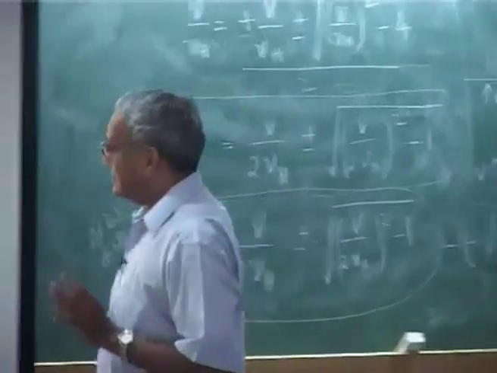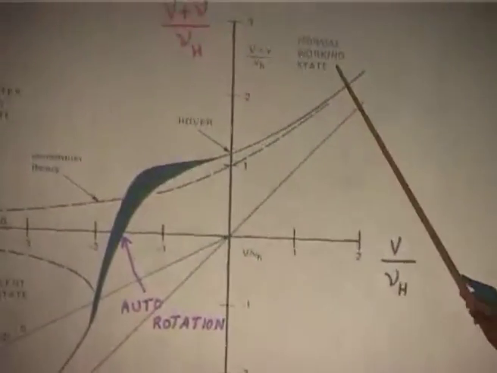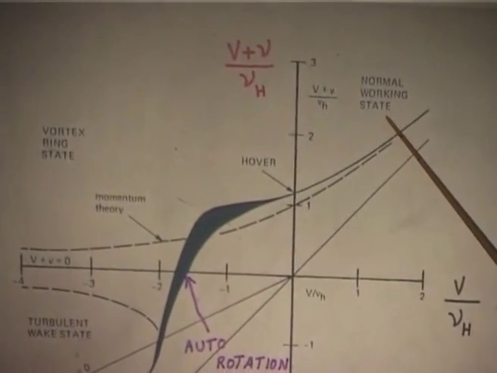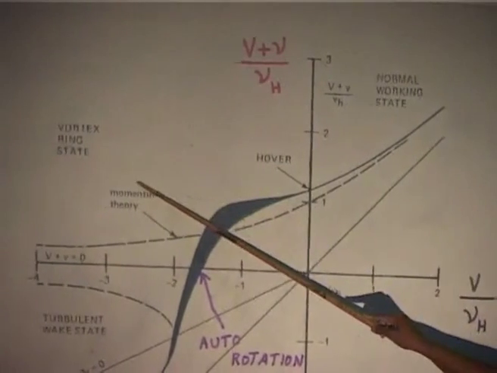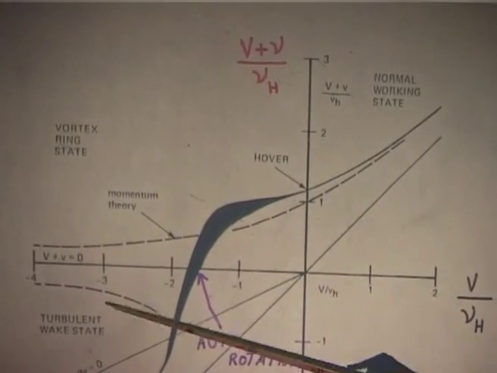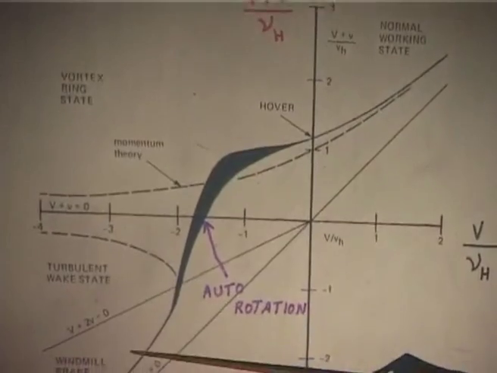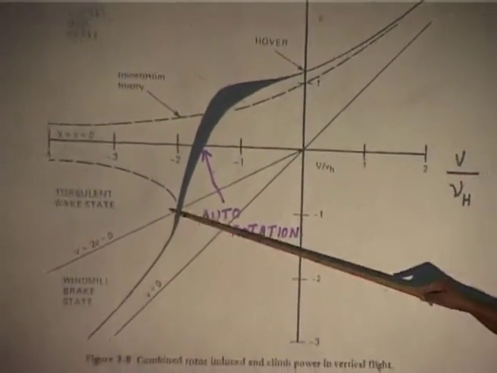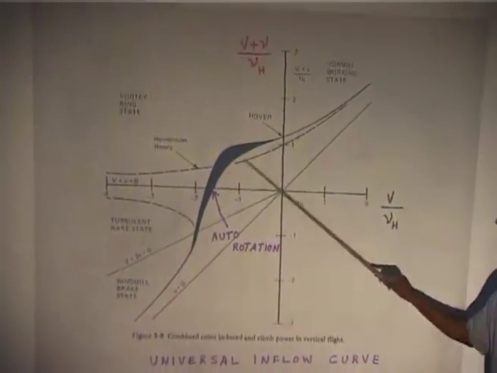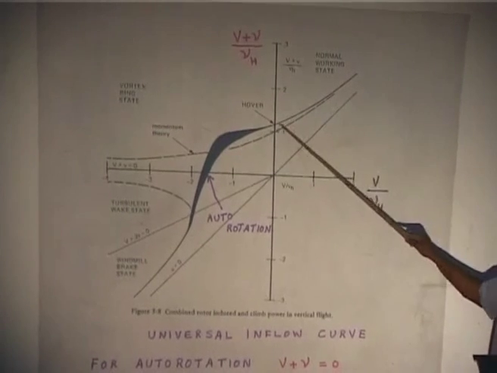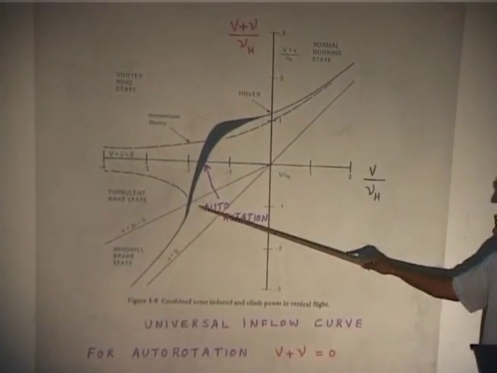Okay. And the region is split into several parts: normal working state, vortex ring state, turbulent wake state, windmill brake state. You will see the curve, continuous line only here and here.